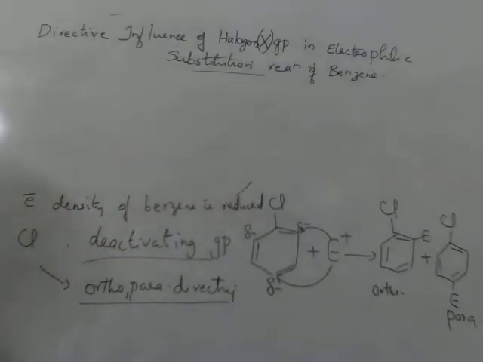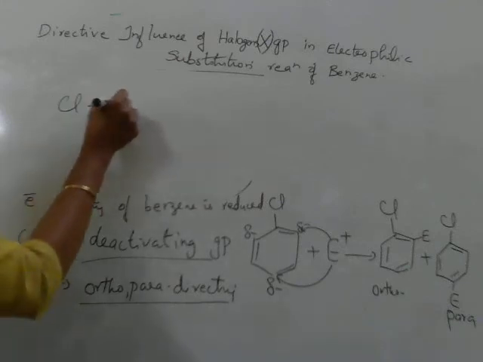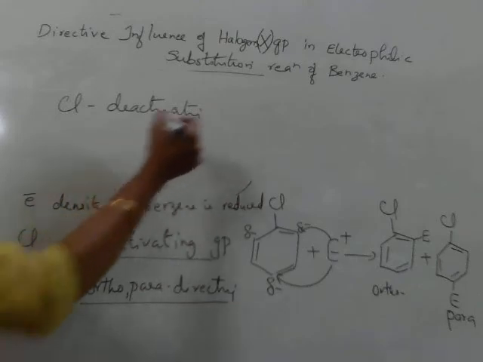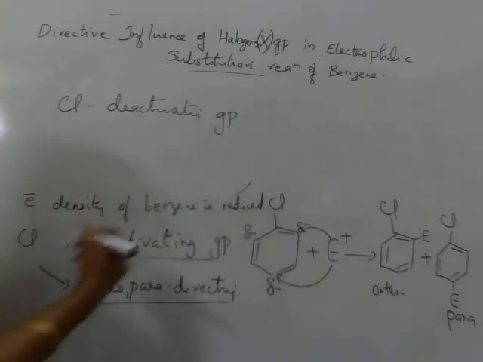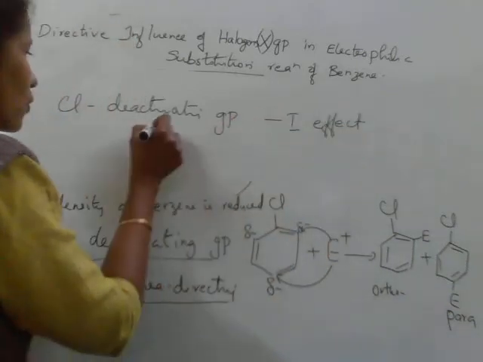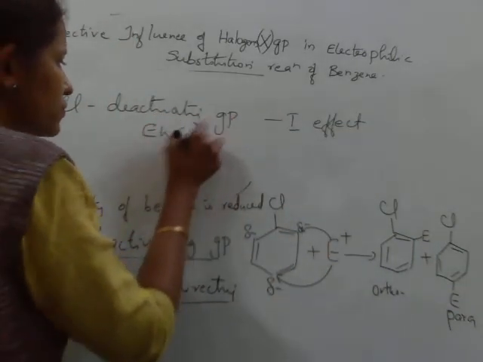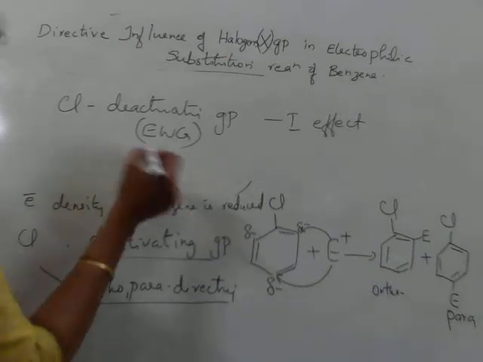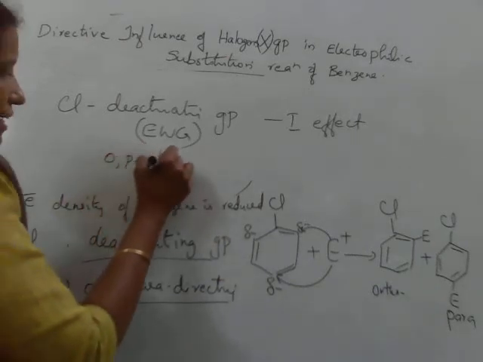That is why the chlorine atom is deactivating. The deactivating effect of chlorine is due to its negative inductive effect. Due to the negative inductive effect, chlorine is an electron withdrawing group. It withdraws electron density from the benzene. But at the same time, chlorine is an ortho-para-directing group.